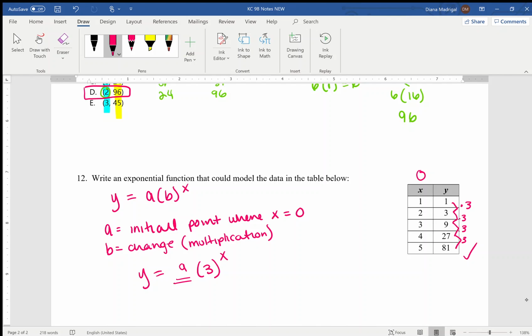Instead of multiplying, I divide by 3 in order to find my initial point, which would be my a. 1 divided by 3 gives me a decimal, so it is just 1/3. So the exponential function for this one is y equals 1/3 times 3 to the power of x. Again, we practiced this before. So try the next problems on your own.